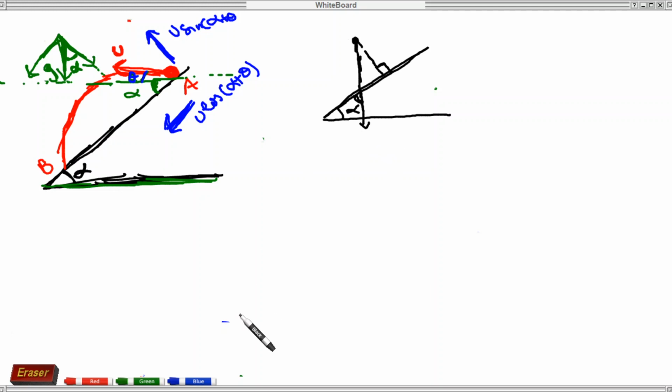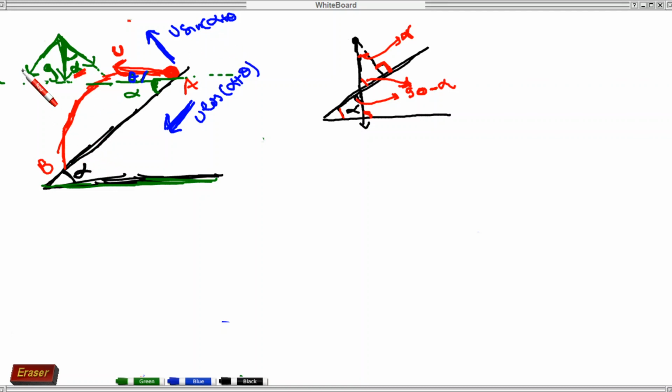This one is alpha, this one is 90 degrees, so this will be 90 minus alpha. This angle and this angle are the same, so this one is also 90 minus alpha. Because this one is 90 degrees, this one also becomes alpha. So in this way, this angle is alpha.